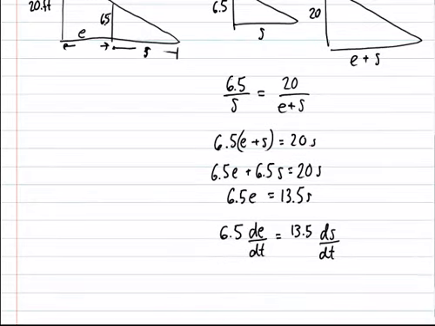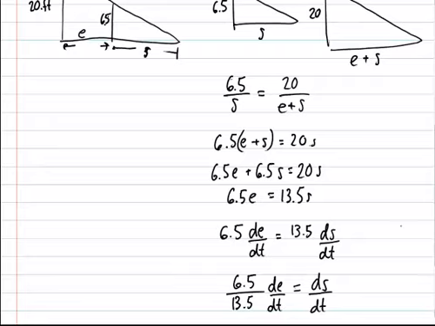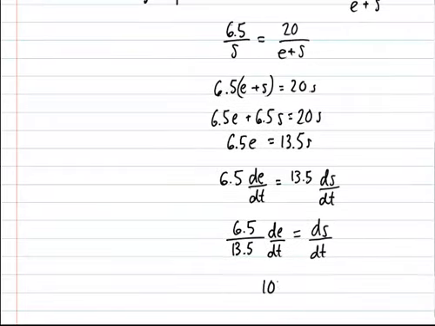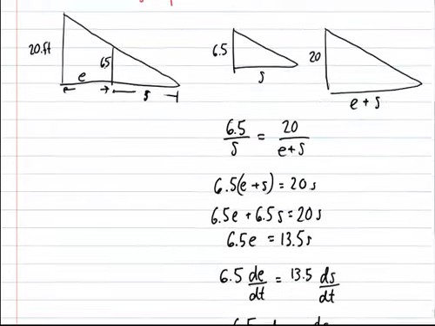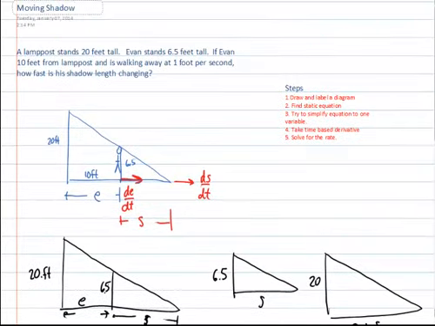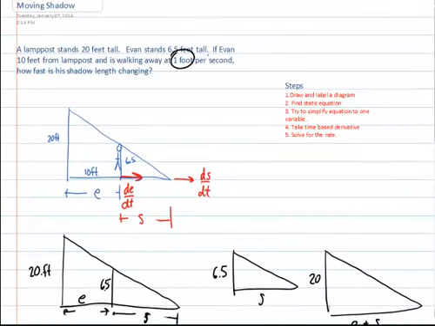And when we solve for dS dt, because we know how fast Evan's moving, we have 6.5 divided by 13.5 times Evan's rate of movement. Let me just double check his rate; he's moving at 1 foot per second.